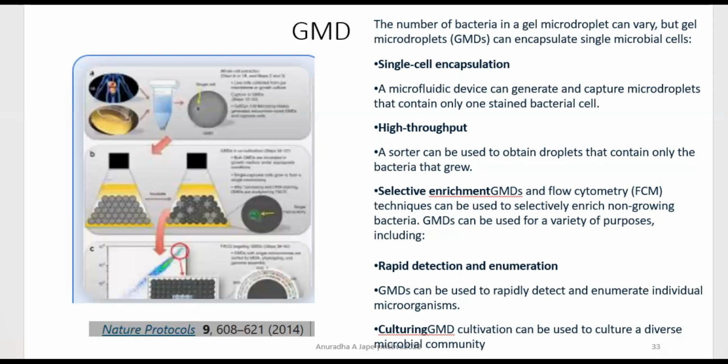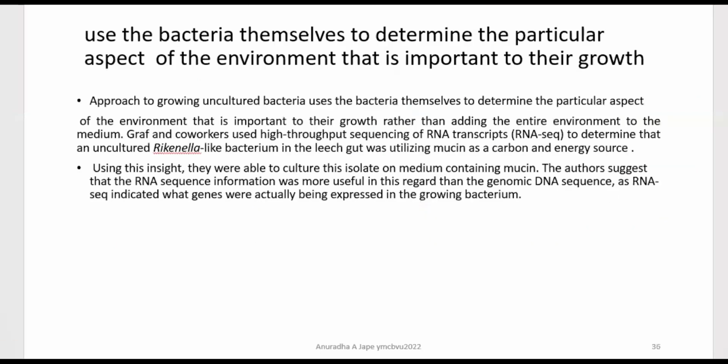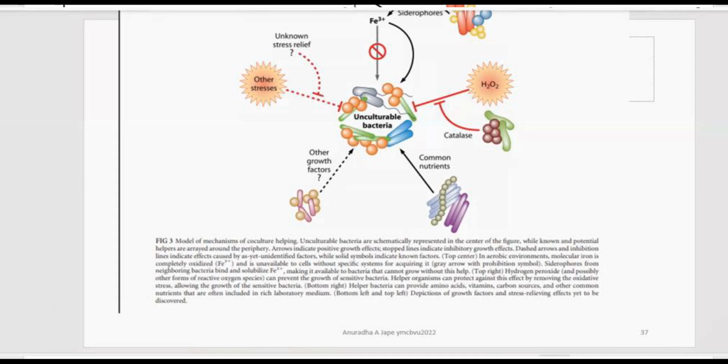And to isolate the organism in a pure form, you can entrap a single cell in agarose or similar synthetic or natural polymers and put it onto the growth media, or in the growth media if it is a liquid culture medium. All right. So what different kinds of requirements you may come across when you are talking about unculturable bacteria, right? When it comes to unculturable bacteria, siderophores is the one which we talked about.